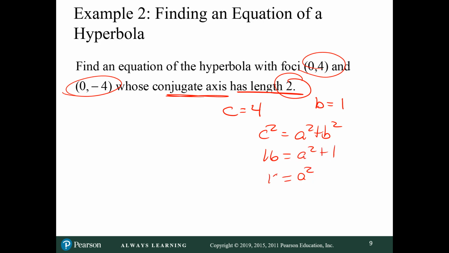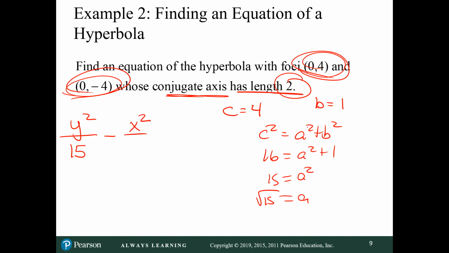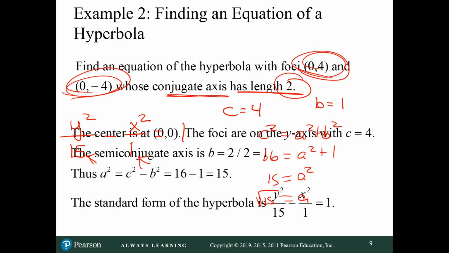So a squared equals 15, so a equals the square root of 15. Since the foci are on your y's, y is positive. That's over a squared, so y squared over 15, minus x squared over the conjugate axis, 1, equals 1. A squared, b squared, and then your foci isn't part of the equation. It's how you figure out the equation. Okay, so Mr. Bierschbach was right.